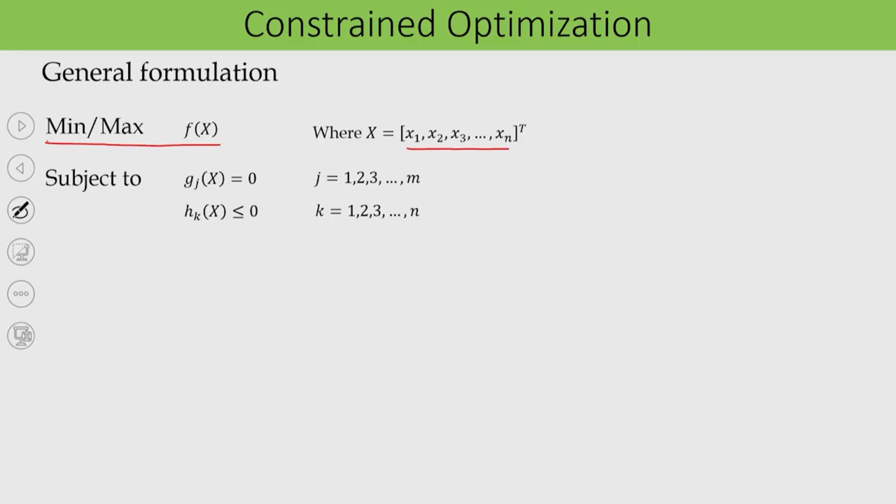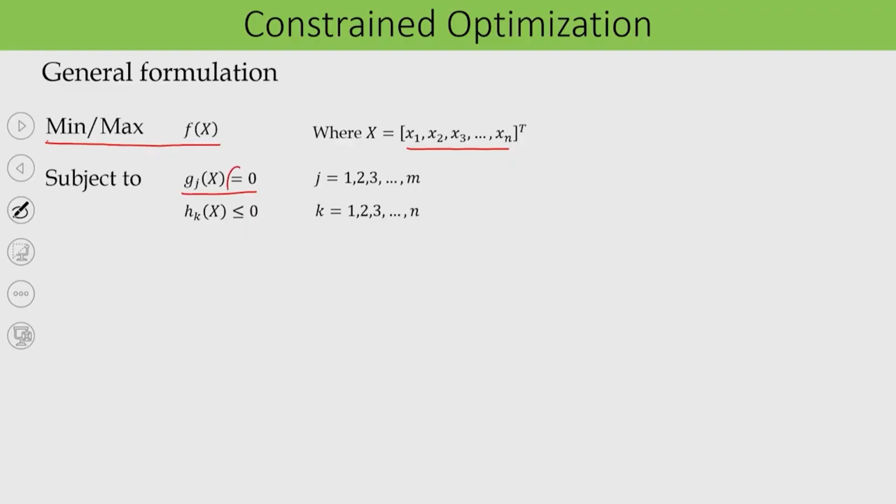The problem has two types of constraints. The problem is subject to z_j(x) equal to 0, where j is from 1 to m, that means a total of m equality constraints.